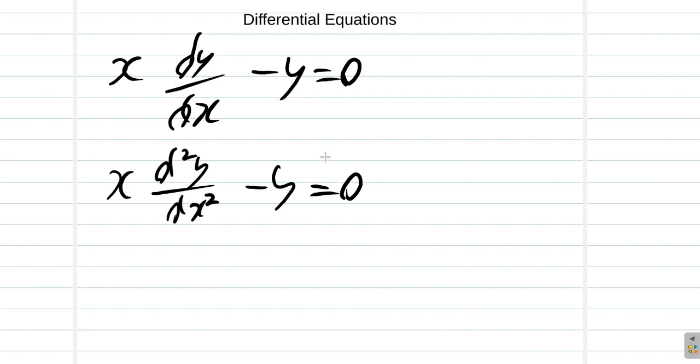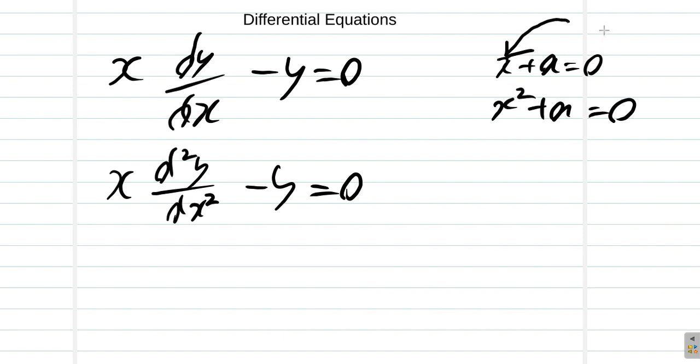Now, just like how you have a polynomial and you say x plus a equals 0, or x squared plus a equals 0, you would call the first a first order equation because you're looking at powers of x, where x is the variable.